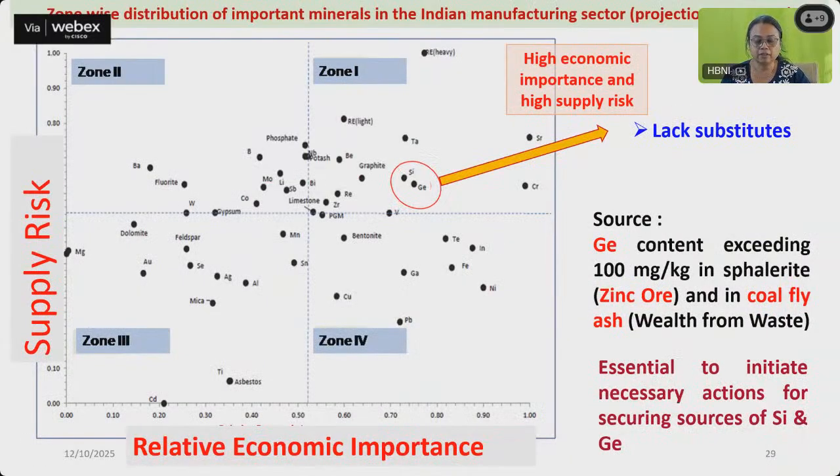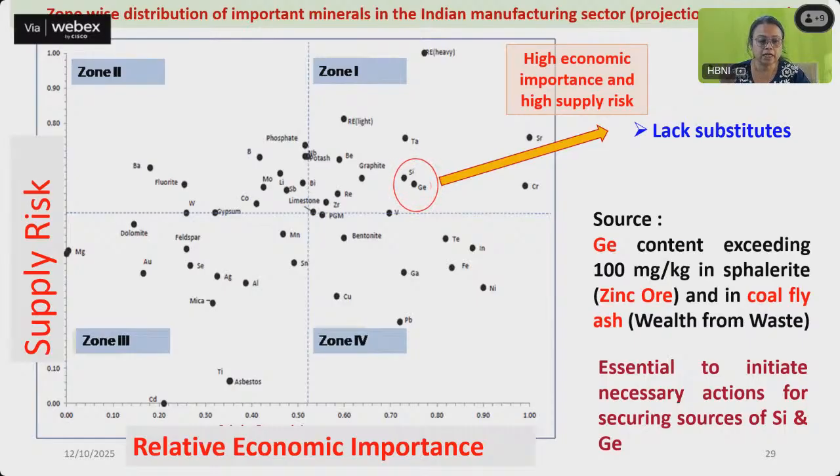But these are materials of very high economic importance, and this is just to give you an overview. Nowadays you must be hearing that rare earths are dwindling, or India is not able to get rare earths. So these four zones are defined by the government of India.